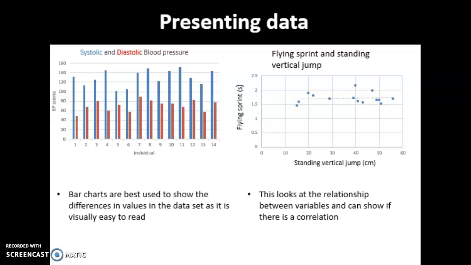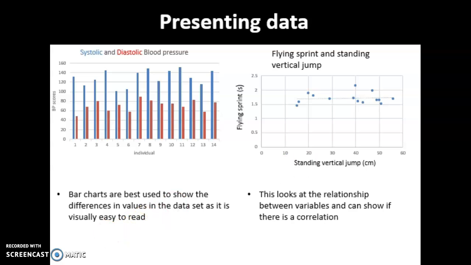So for example, a scatter graph here is actually measuring correlation, so the relationship between two values, flying sprint times and standing vertical jump, to see if there's any relationship between those 2 topics, whereas this maybe wouldn't work with another topic that only has one variable. So you need to make sure that you're testing for difference or relationship, and then choose the correct graph accordingly, so that your data is presented in the best way.